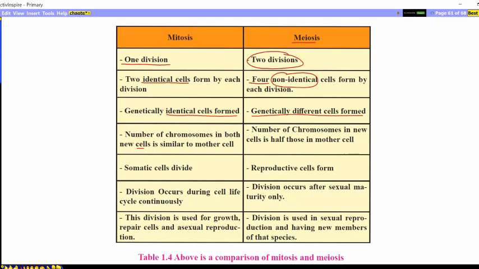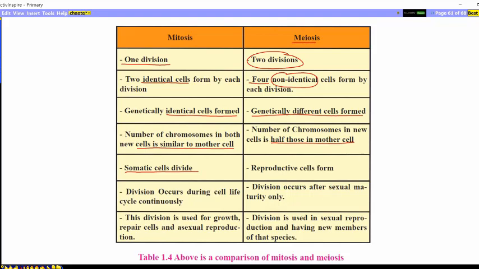The number of chromosomes in both new cells is similar to the mother cell. Why? Because genetic material duplicates in interphase, and after that there's only 1 division. But in meiosis, the number of chromosomes in the new cells is half of the mother cell, because there's 1 interphase, 1 duplication, but 2 divisions. Somatic cells divide in mitosis, like in skin, where epithelial cells divide to form epithelial cells, or neurons divide to form another neuron.